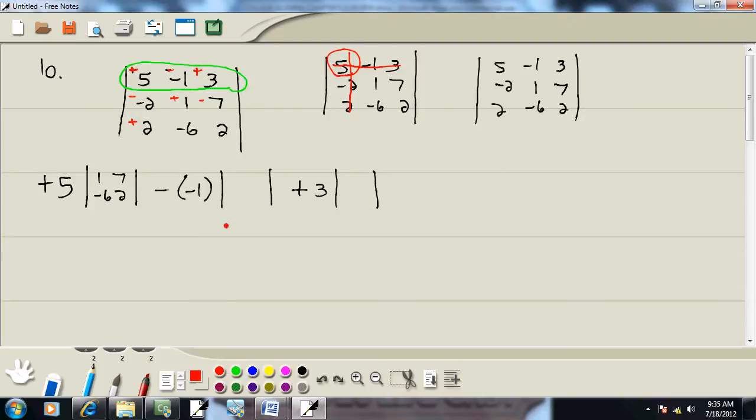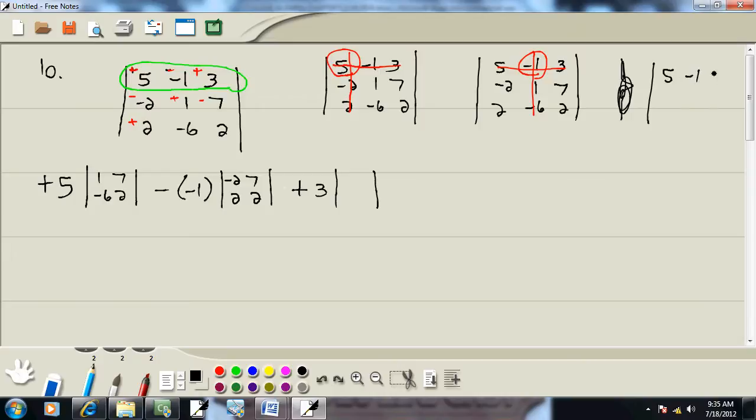Okay, our next number is the -1. Again, I cross out the row and column it's in, and what isn't crossed out is what goes into this determinant. And then our last one, I think I moved the mouse when I was doing that.